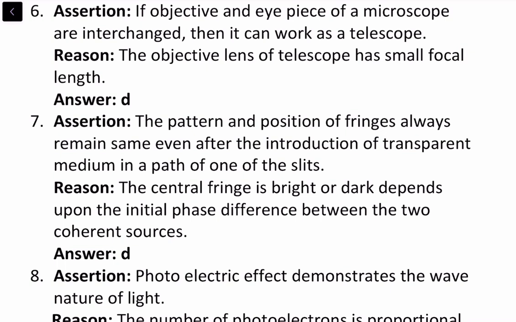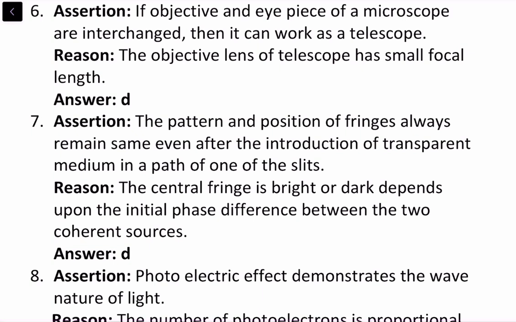Now what they are saying here is, you introduce a transparent medium in the path of one of the slits, not both the slits. In that case, they are saying here, the pattern and position of the fringes always remain the same.